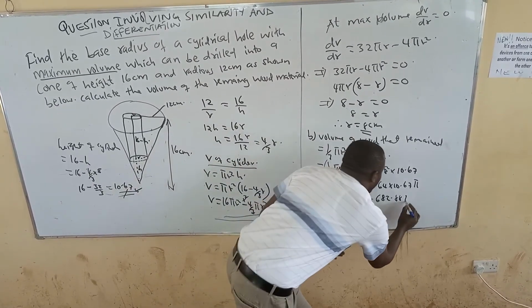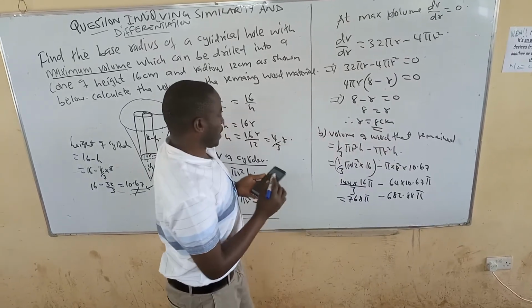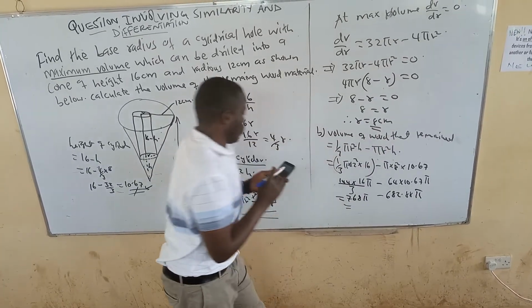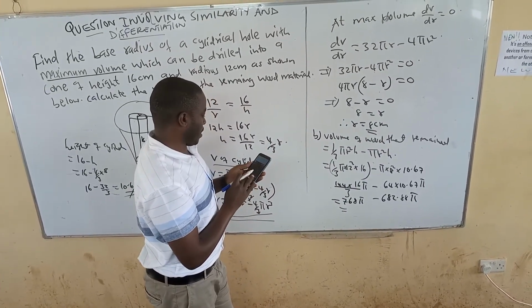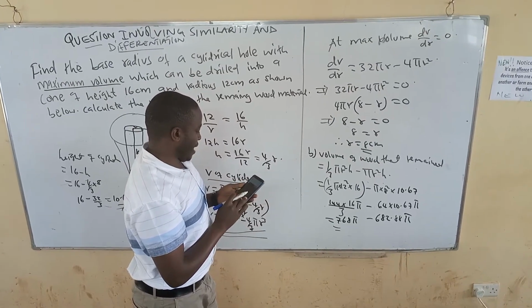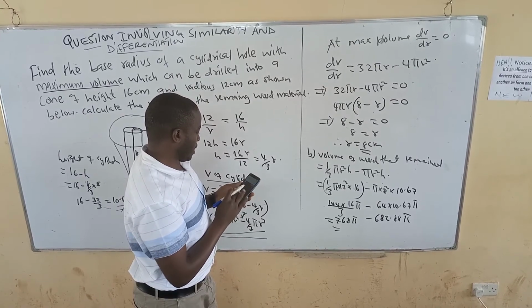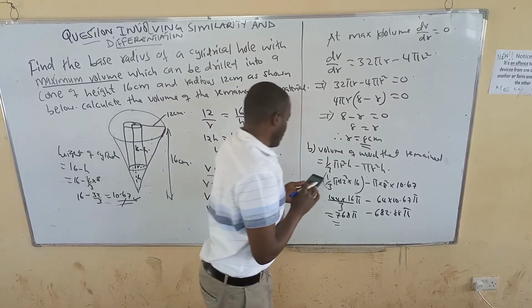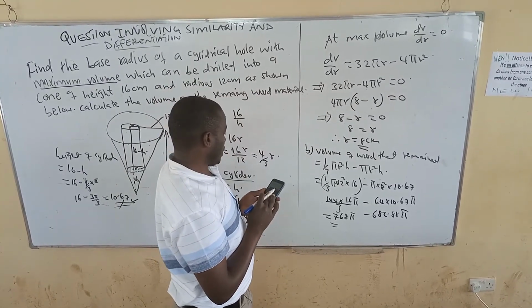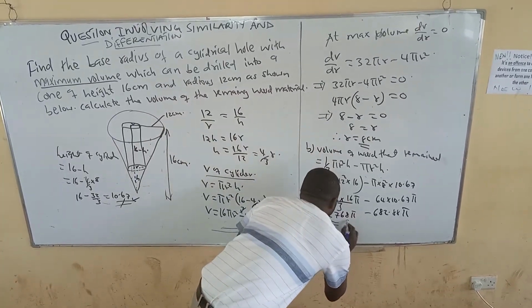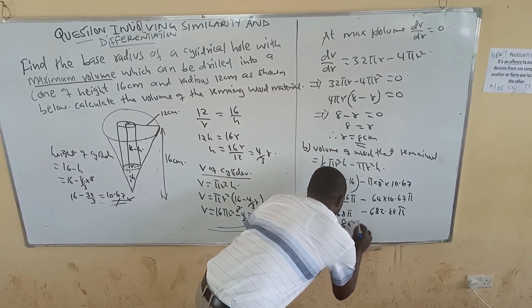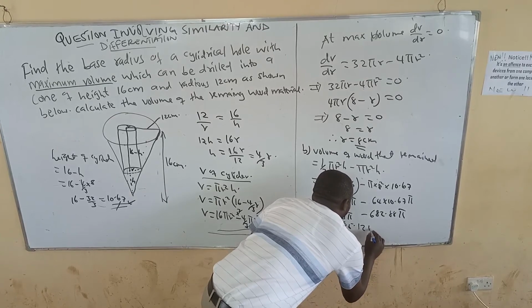Then you subtract the two: 768 minus 682.88, you get 85.12 pi.